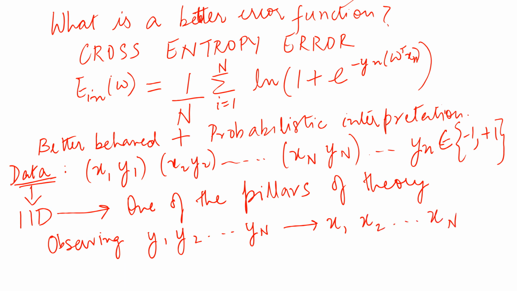What is that probability? Now that probability is nothing but something that we call likelihood, and the way we represent it is something like this. So the probability of observing y1, y2, up to yn, given that they are occurring on x1, x2, and so on, xn.